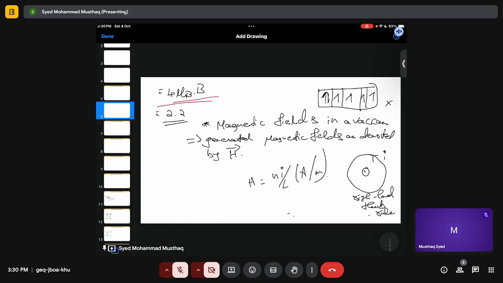Now, because I am representing it as ampere per meter, that means ampere you can take as a scalar quantity, and meter, you all know distance displacement is our vector quantity, so our H will finally be a vector. So it will have both magnitude and direction. So we represent it as a vector field.